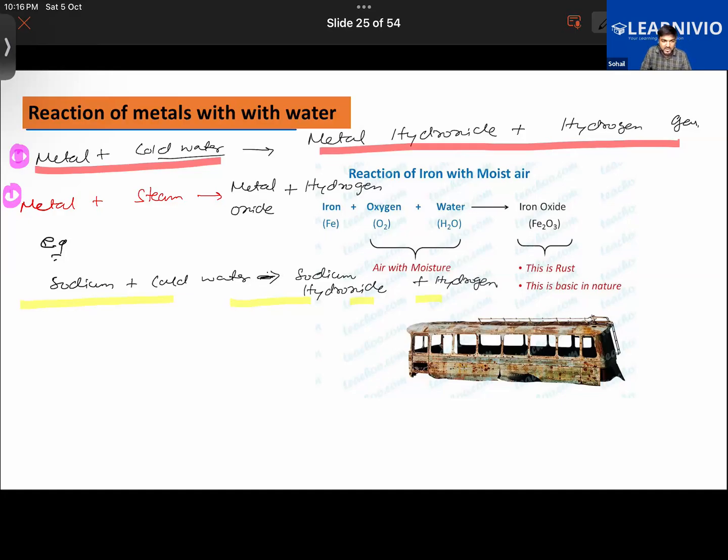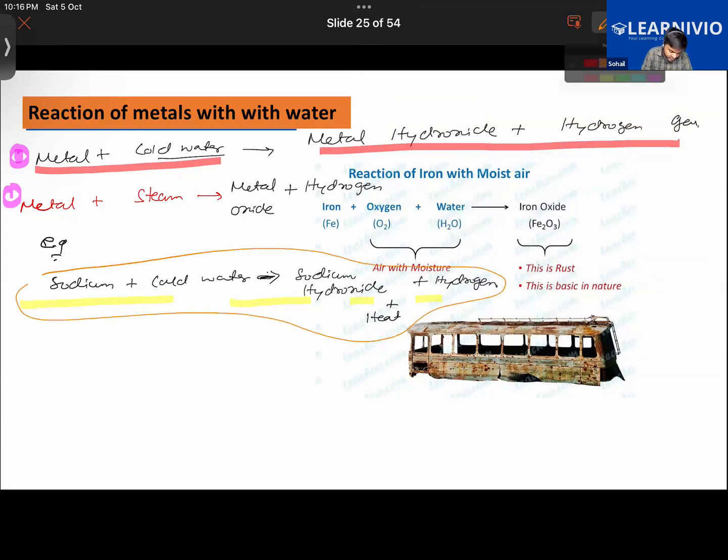Since it is a very vigorous reaction, heat is also given. So that is the reaction of a metal with cold water, in which sodium hydroxide plus hydrogen along with heat is being formed. Right?